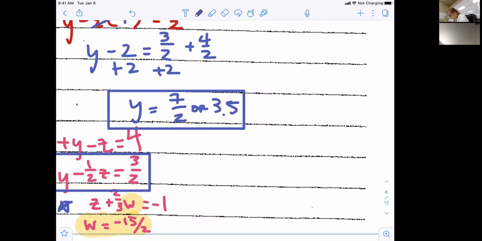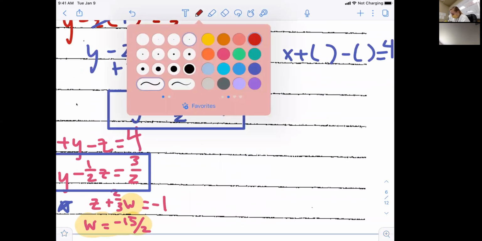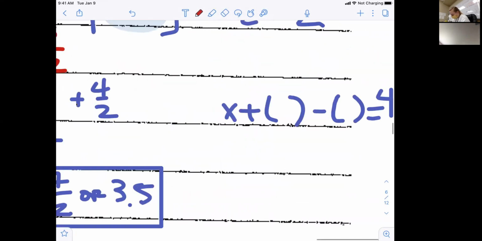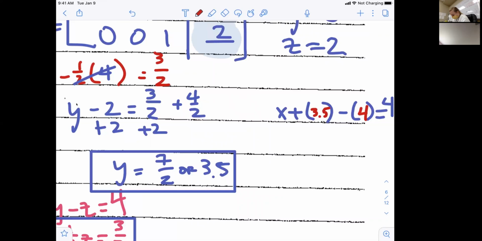X plus Y minus Z equals 4. Remember that Y is 3/2. Z is 4.